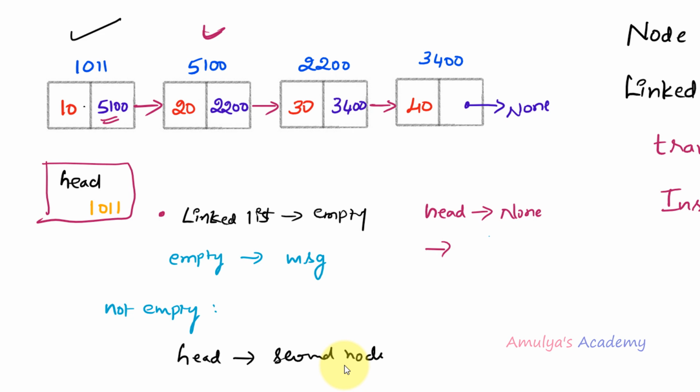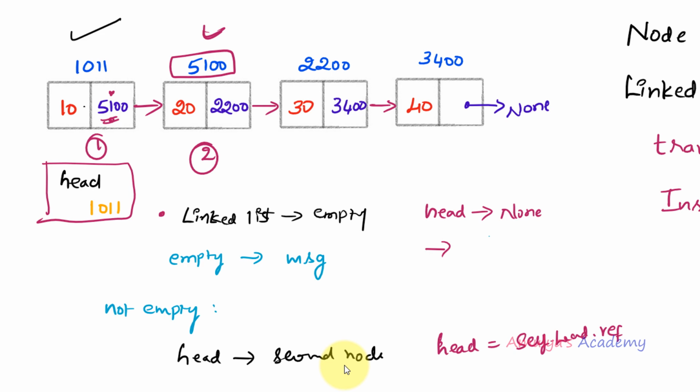Every node contains the reference of the next node. Here, this second node is the next node of the first node, the node which we want to delete now. So the first node contains the reference of the next node. So I take head equal to self.head.ref.